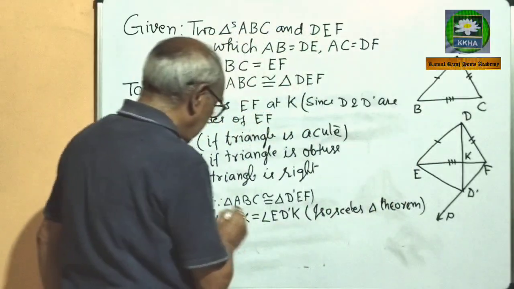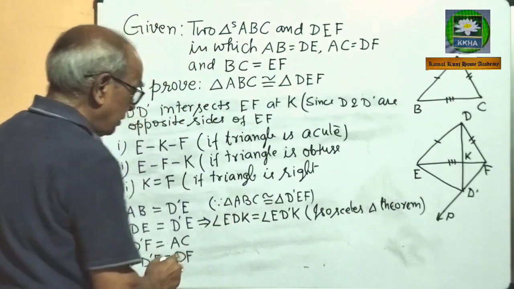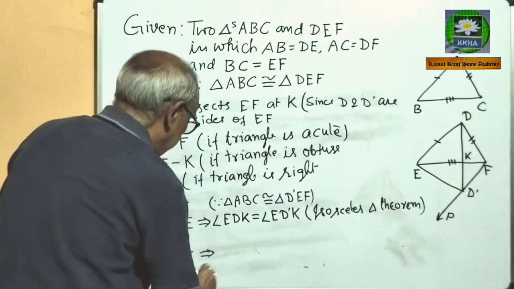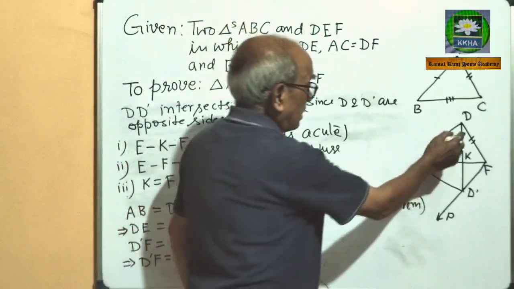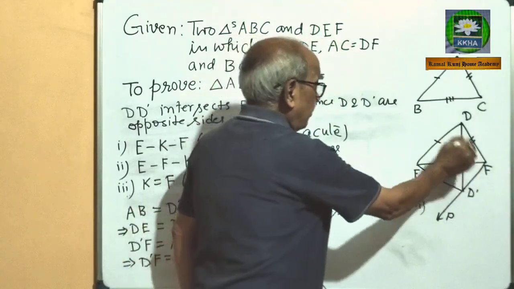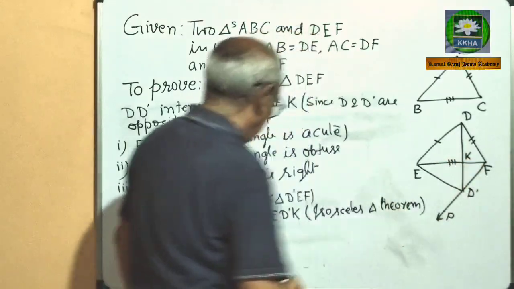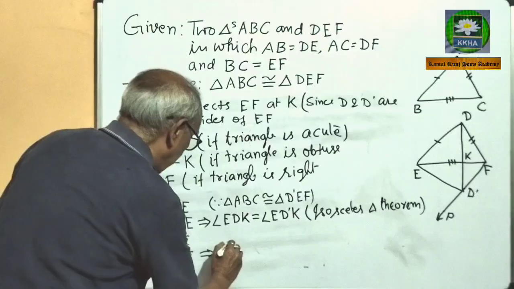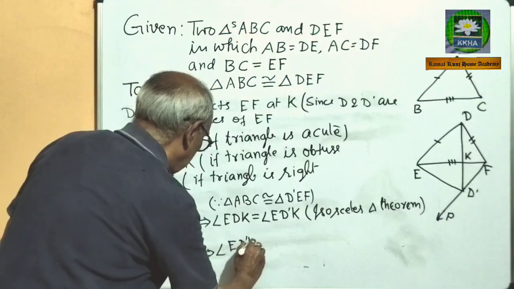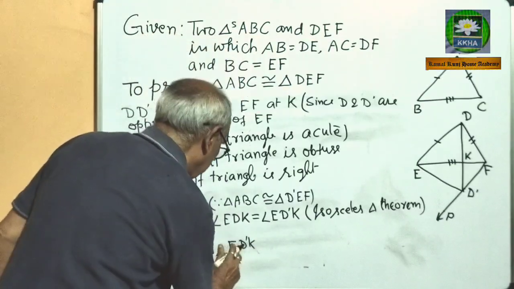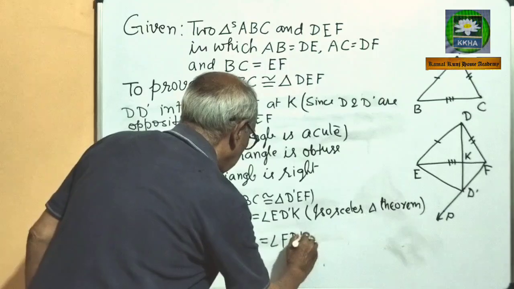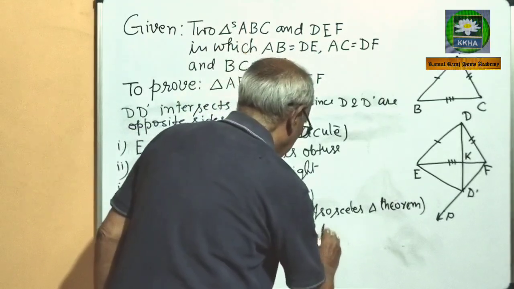Since DF is equal to D dash F, therefore angle FDK will be equal to angle FD dash K, by the isosceles triangle theorem.